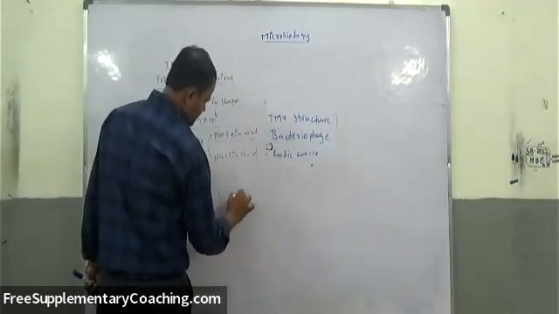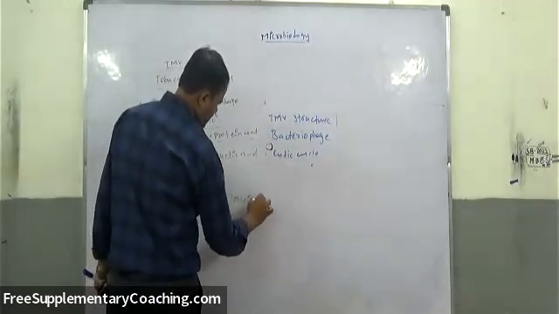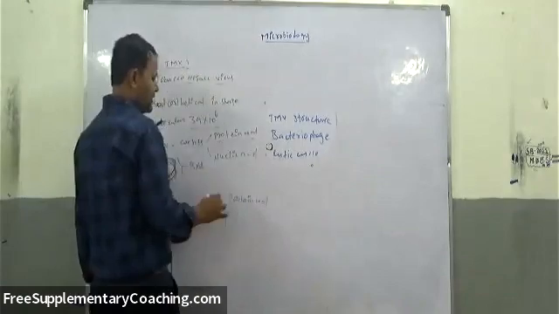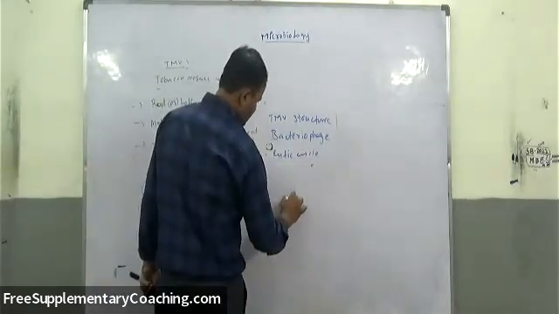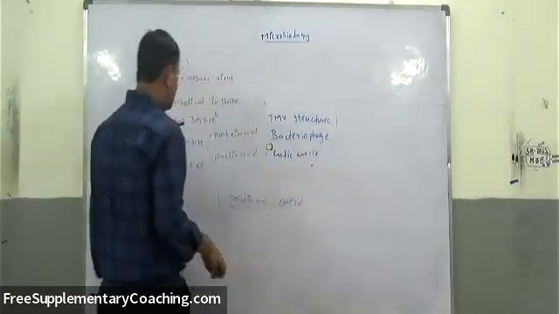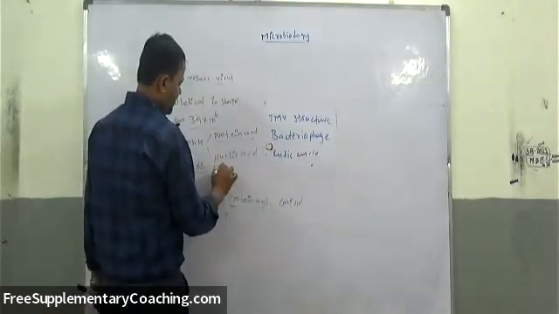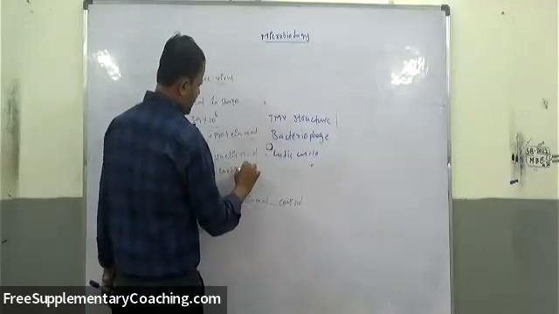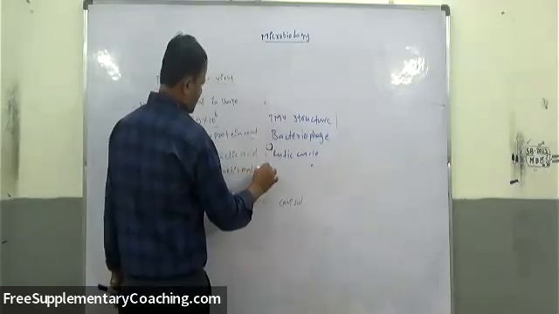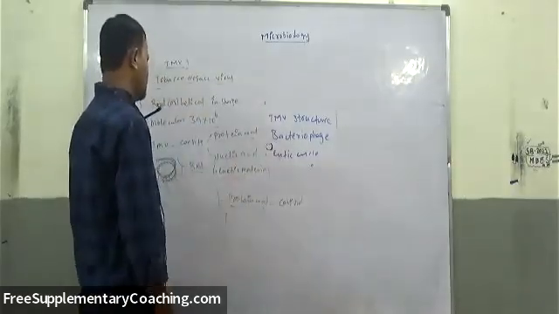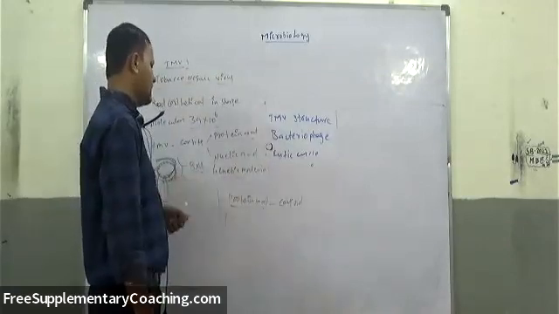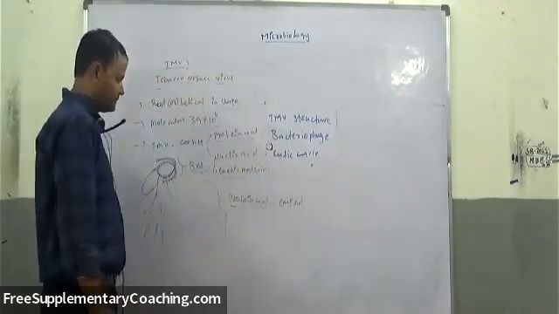Now the protein coat is called capsid. The protein coat is called what? Capsid. RNA is the genetic material, and it causes the disease, meaning infection is caused by the RNA.